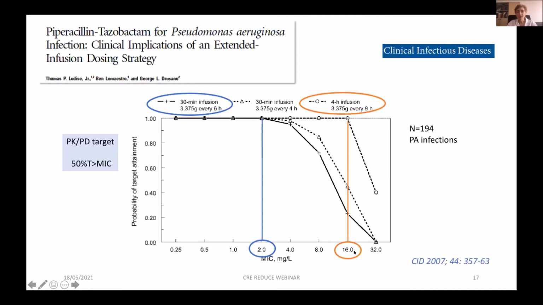But when you are targeting a much higher MIC for Pseudomonas aeruginosa, here 16, you see that only prolonged infusions or continuous infusions can achieve this PK/PD target.